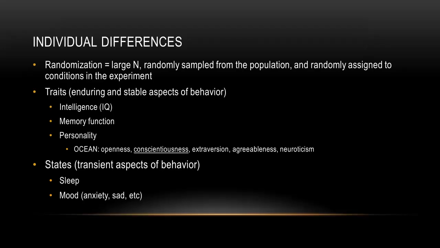That way we don't have any systematic distribution of traits and states into a particular condition, such as the 3-cup group. And that's going to enable us to conclude that the fact that the people in the 3-cup condition did better than everyone else is not because of their states and traits, it's because of the caffeine dose that they received, right?